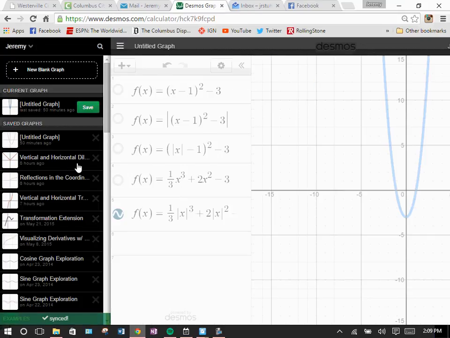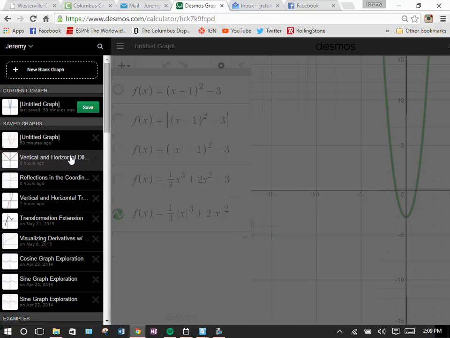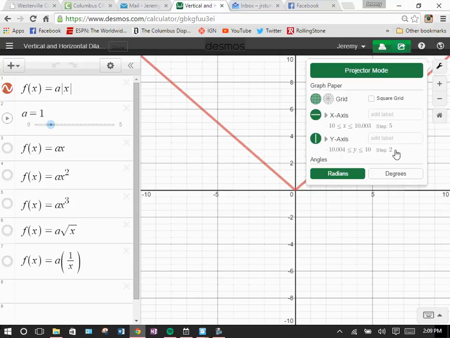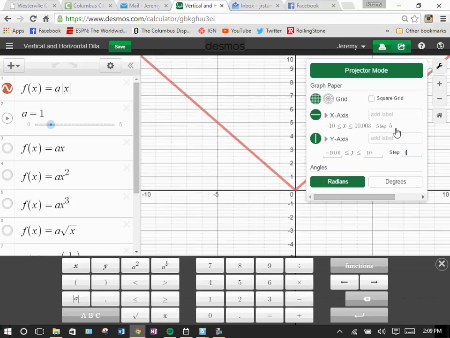Now, if we go over here and we look at vertical and horizontal dilations, this graph right here, this one's important. So if this is the absolute value function, correct? So what we could do here is, let me change something real quick. Let me go here. We'll count by ones, and we'll count by ones.